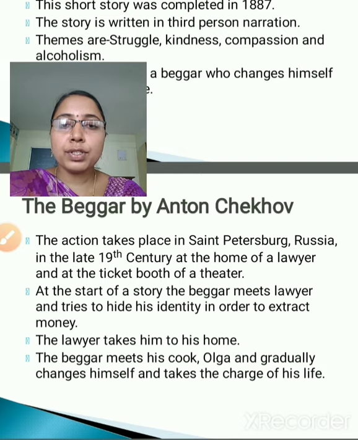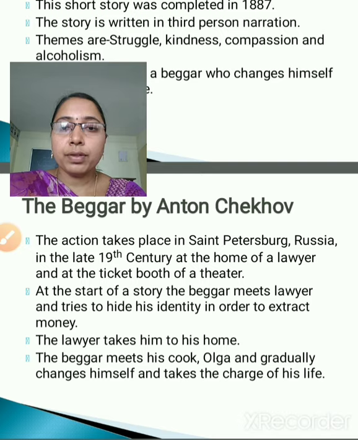So the setting of the story is Russia and the time shown is the late 19th century. Two settings are shown: first is the home of a lawyer, and second is the ticket booth of a theater, where the lawyer finds that beggar working. He has that particular job at the end.